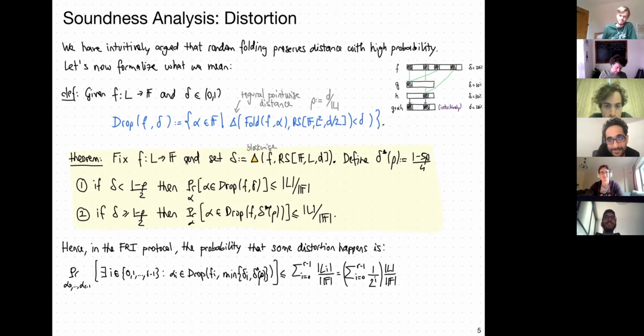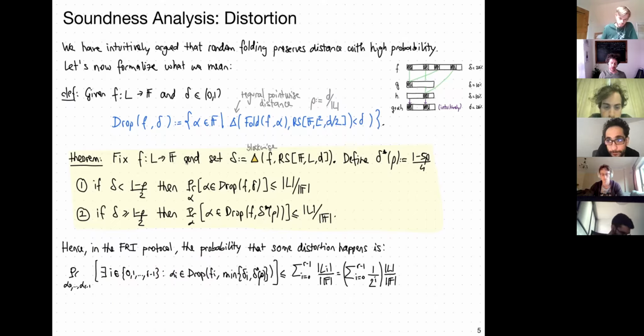Okay, thank you. So just to say, what's happening in the FRI protocol, we want to ask what is the probability that we'll get some distortion. What does it mean that we'll have distortion? It means that there exists some round in which we hit the drop set. So I want to ask what is the probability that nowhere in the entire protocol did the distance drop.